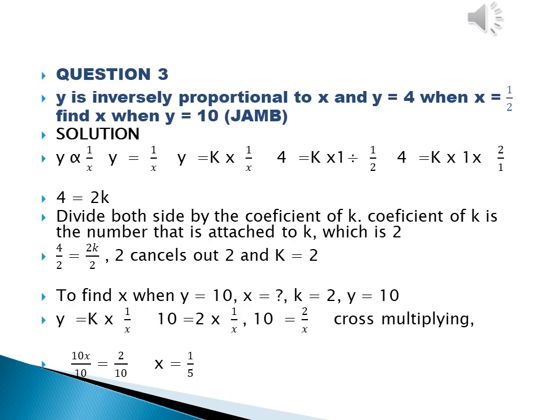Cross multiplying, 2 will be equal to 10x. So dividing both sides by the coefficient of x, which is 10, 10 cancels out 10, so x will be equal to 2 over 10. So how many 2 can we get in 2? 1. How many 2 can we get in 10? 5. So x will be equal to 1 over 5.